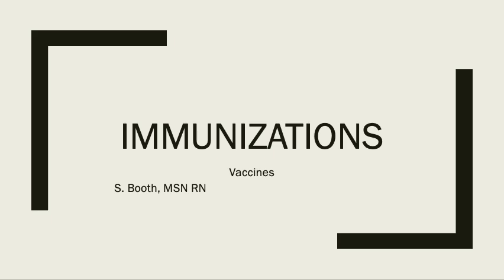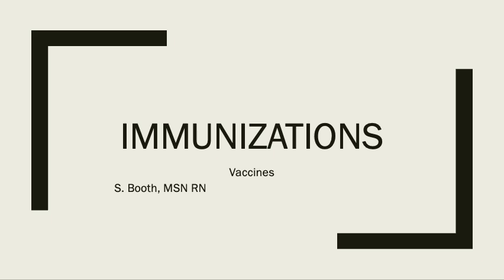Vaccines prevent specific infectious diseases within communities. They do this by either stimulating the immune system to produce antibodies or by supplementing the immune system with antibodies from an outside source. The CDC bases its recommendations for immunizations by patient population group.